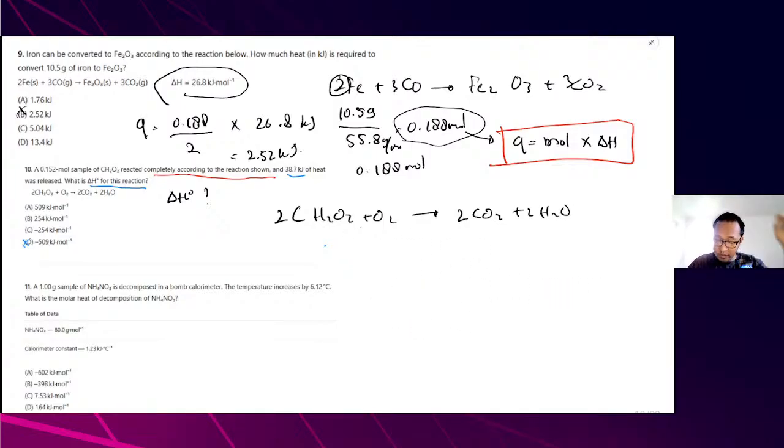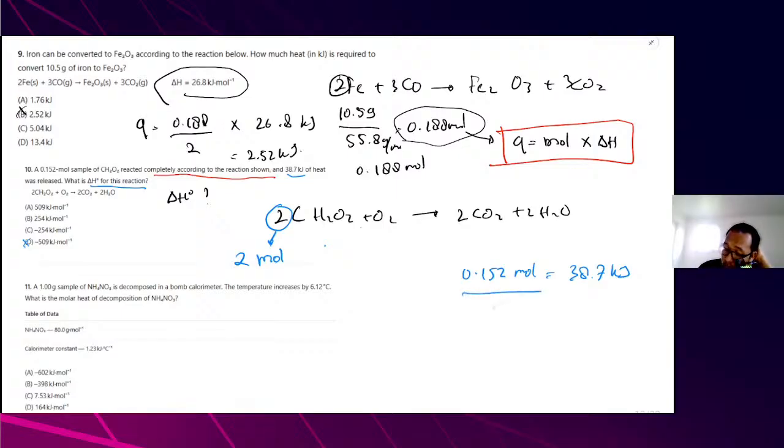As you can see, guys, we can use the coefficient as moles. Remember, 0.152 mole will release 38.7 kilojoule. And what if we have 2 mole?